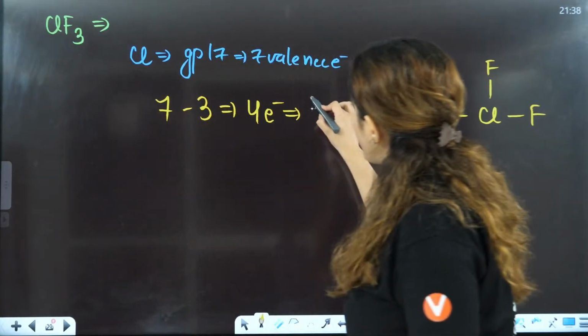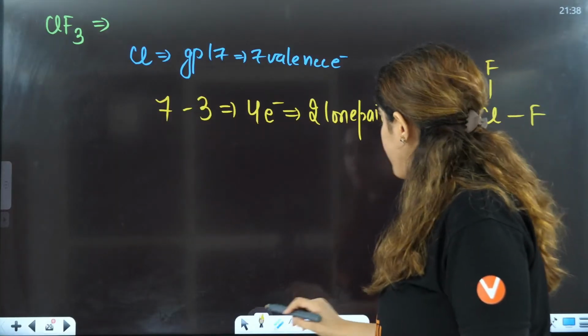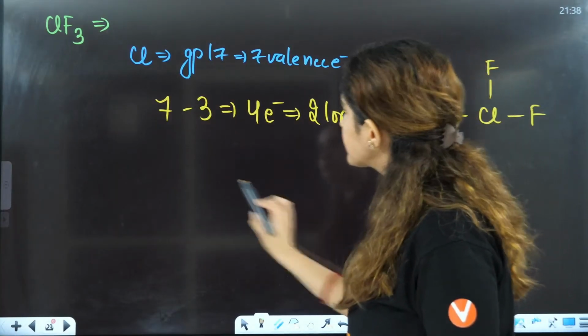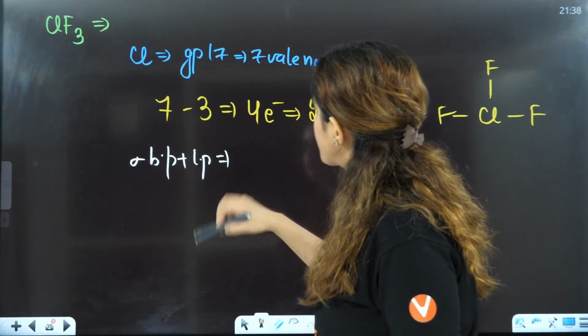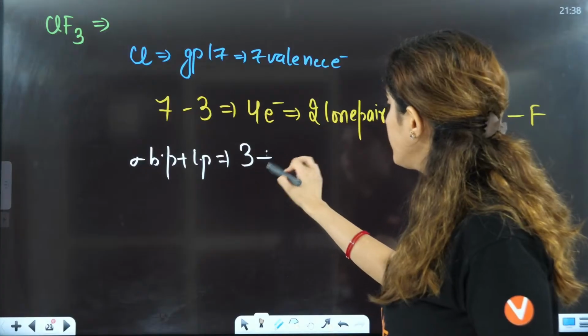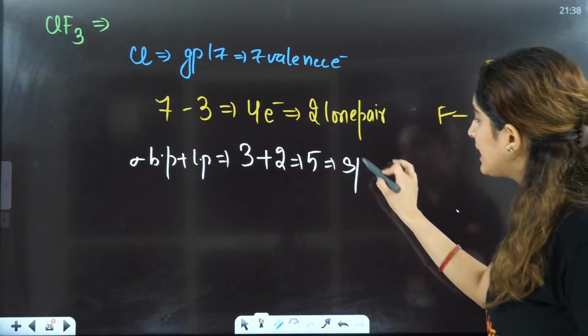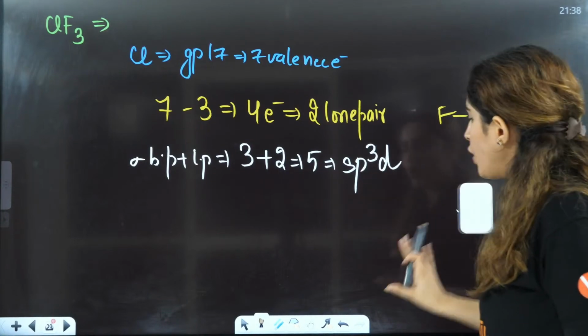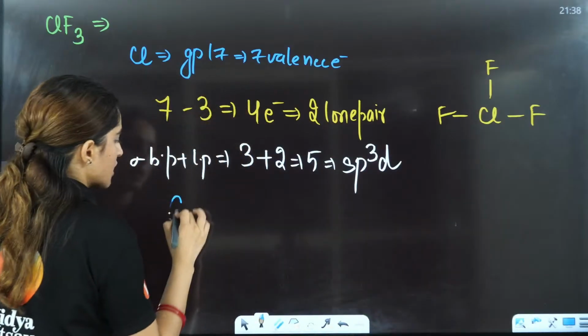That is going to give you 2 lone pairs. That means sigma bond pairs plus lone pairs: bond pairs are 3, lone pairs are 2, that is going to be 5, that is sp3d. Now who will tell me the geometry? We have discussed this just now.